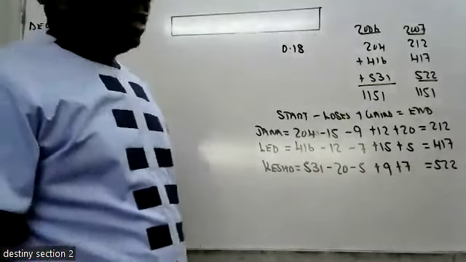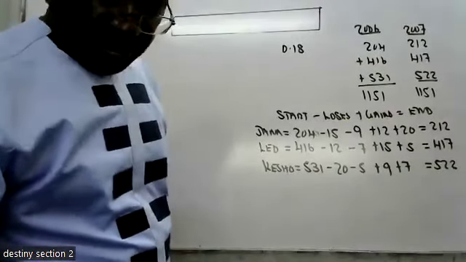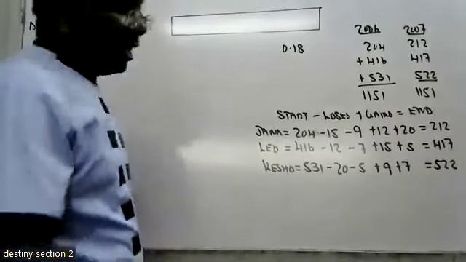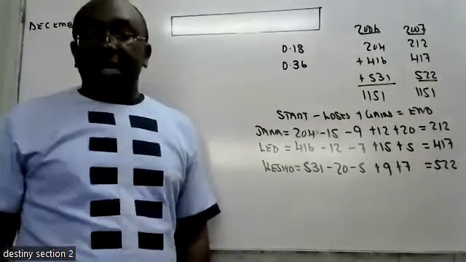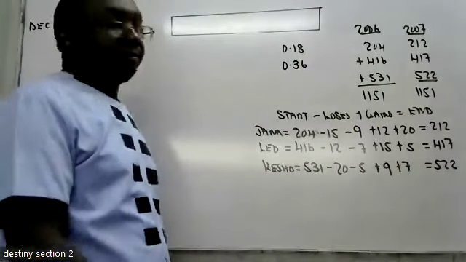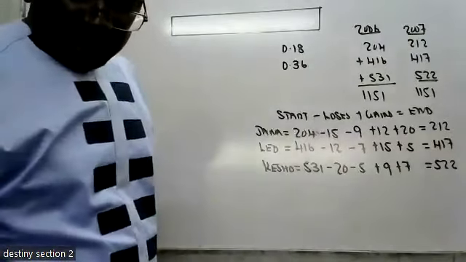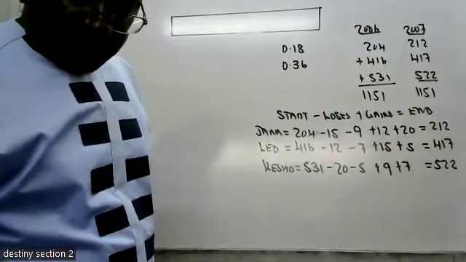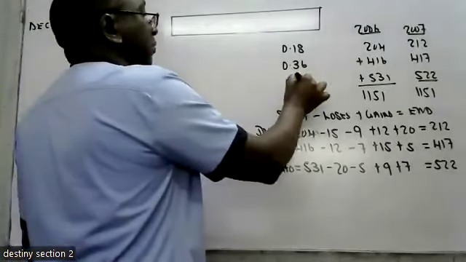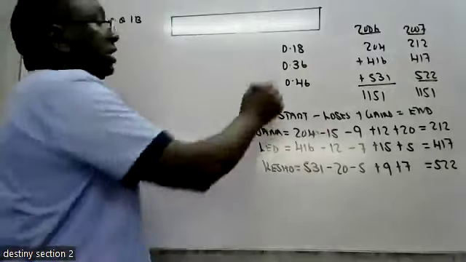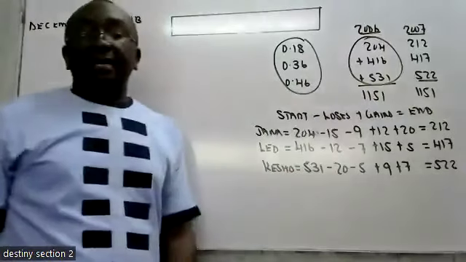Then I take 416, I divide by 1151, I am getting 0.36. And because there is rounding, and I have told you they must always add to 1, you get the last one as 1 minus 0.18 minus 0.36. So this becomes 0.46. So you can either use these ratios this way, or you can use these totals for the current states.